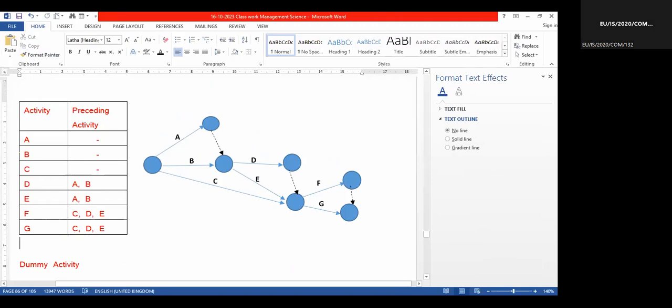I put P1, path 1. Path 1: A, dummy, D, dummy, F, and again the last dummy.